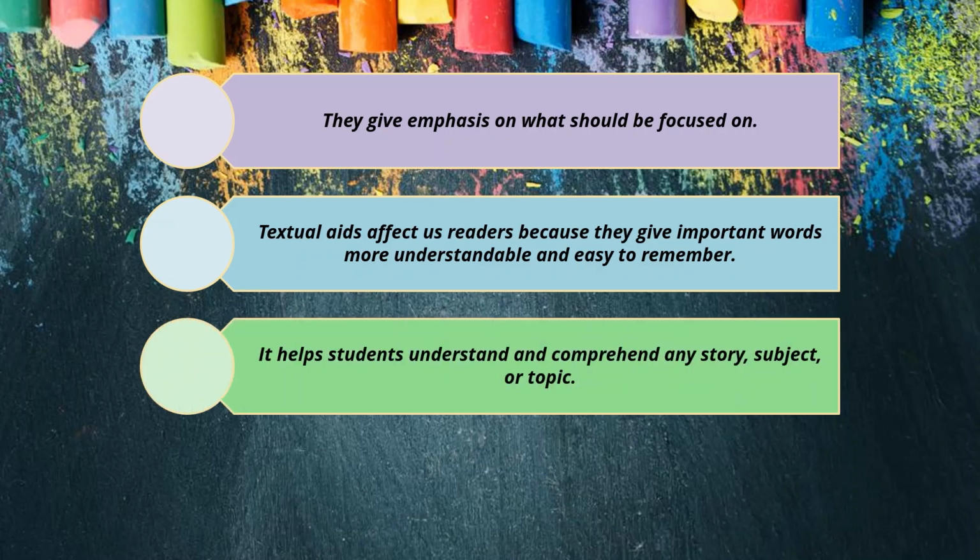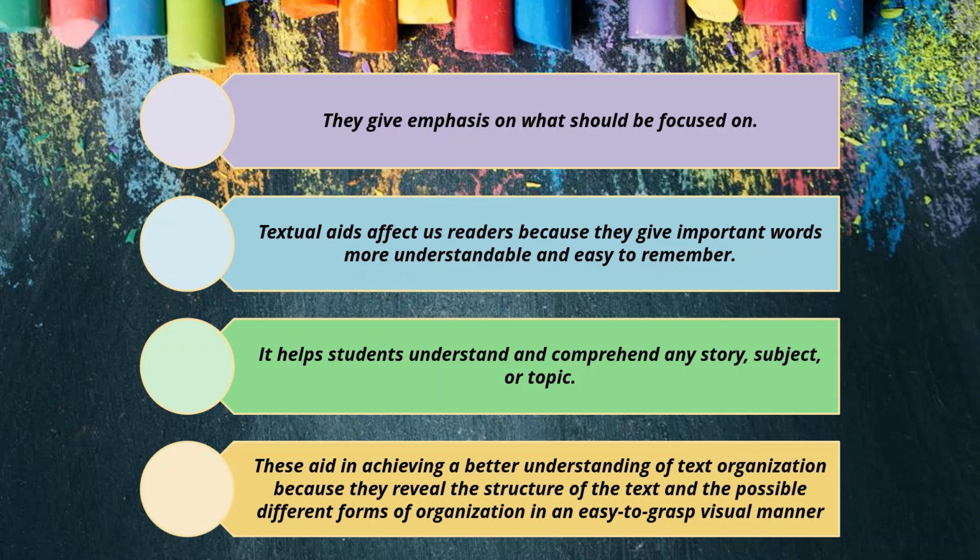Third, it also helps students understand and comprehend any story, subject, or topic. And lastly, they aid in achieving a better understanding of a text organization because they reveal the structure of the text and the possible different forms of organization in an easy to grasp visual manner.